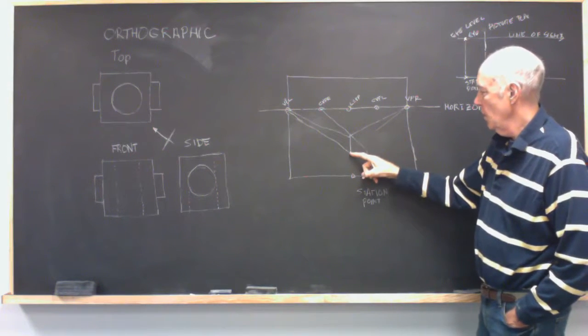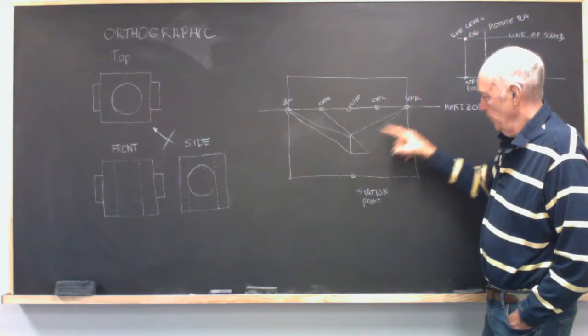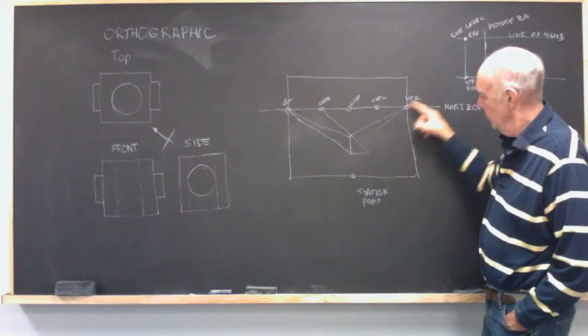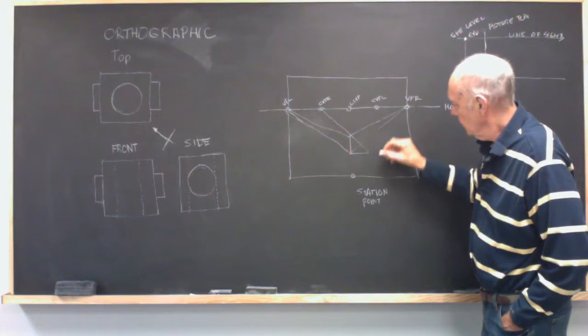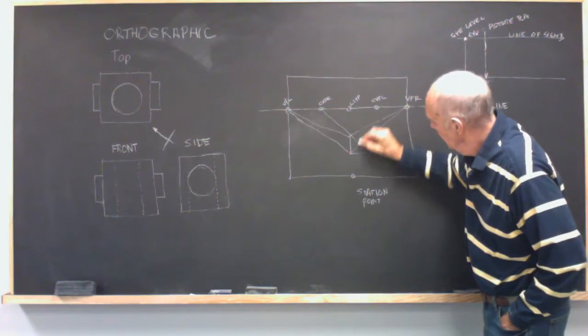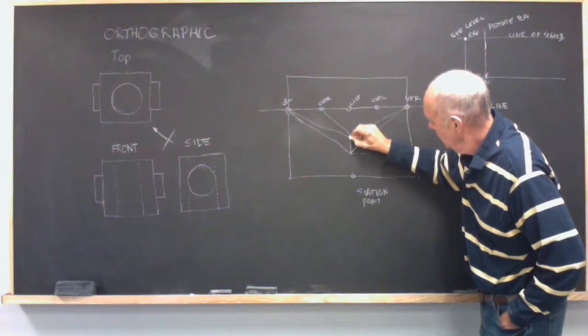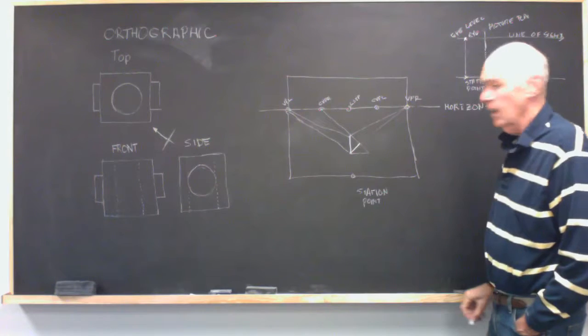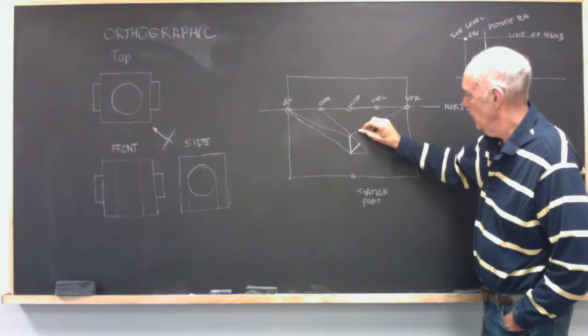And where that construction line crosses this construction line here, this distance here is equal to this distance here in perspective.